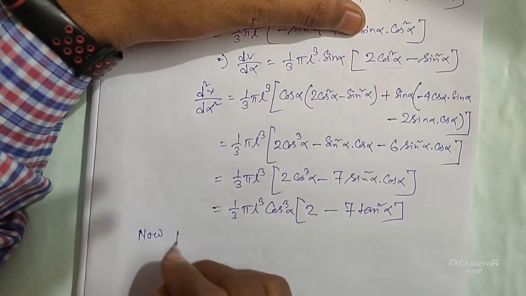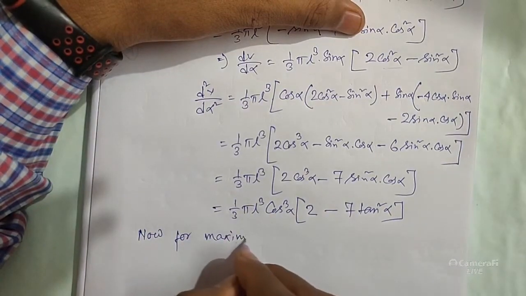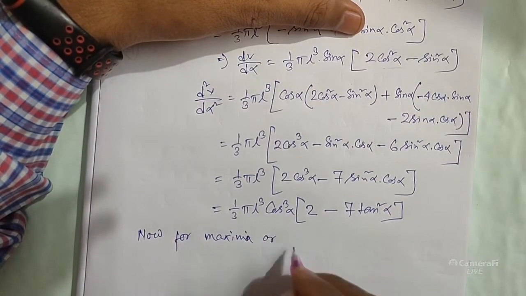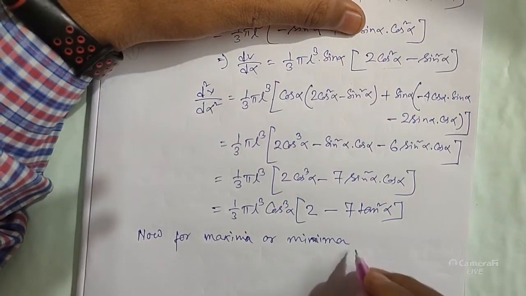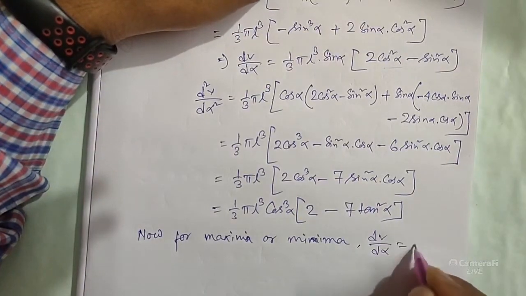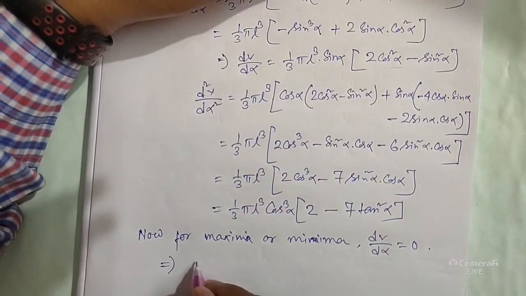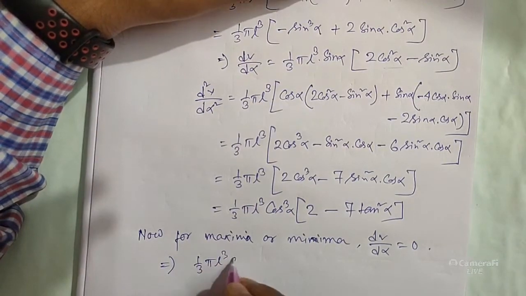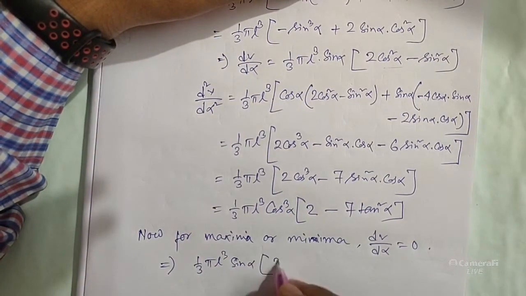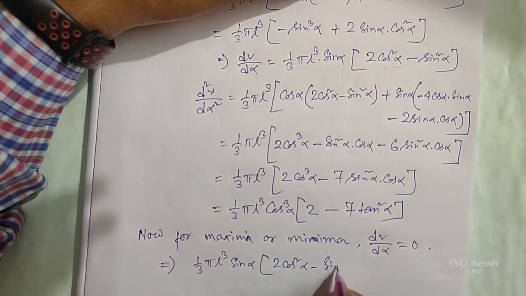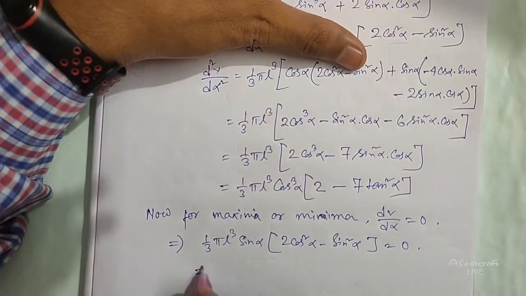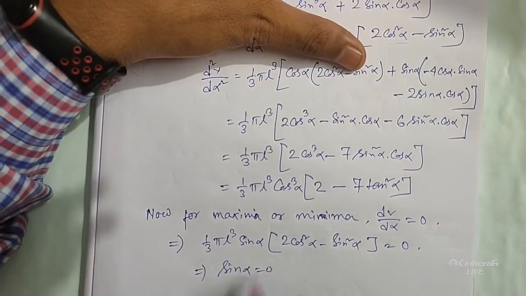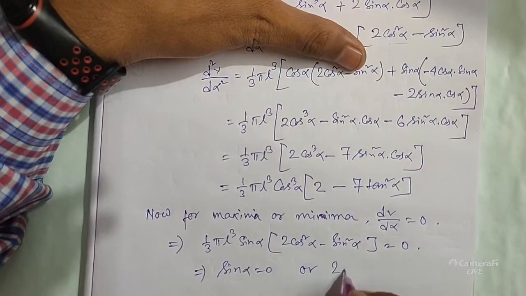Now for maxima or minima, dV by d alpha equals to 0, which implies 1/3 pi L cube sin alpha into 2 cos square alpha minus sin square alpha is equals to 0, which implies either sin alpha equals to 0 or 2 cos square alpha minus sin square alpha equals to 0.